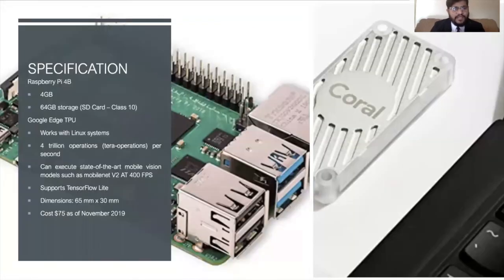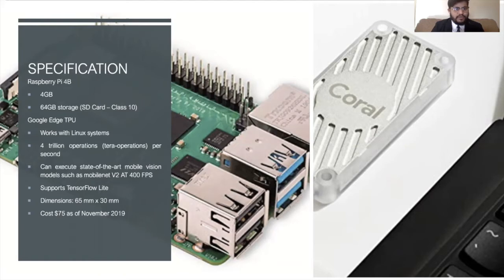So these are the specifications for the Raspberry Pi I have used. I have used Raspberry Pi 4B. The SD card is class 10, which gives the maximum speed, and is 64 GB. There's no need of using such a big SD card, but as the deep learning model grows, the model becomes bigger in size, from MB to GB, so that is why it's a bigger SD card.